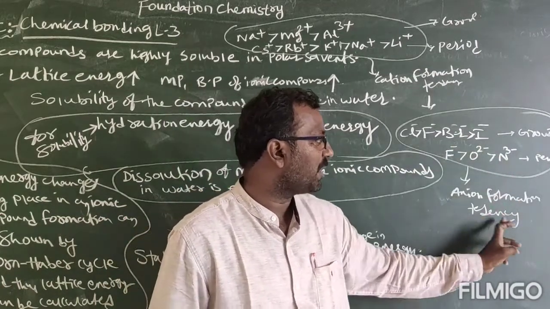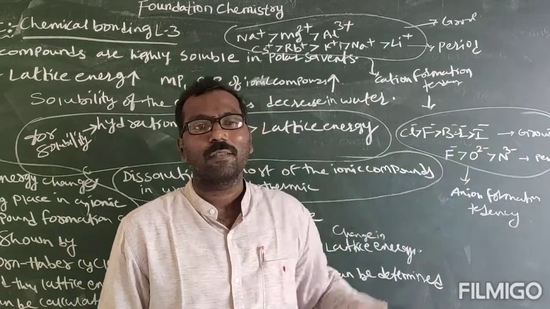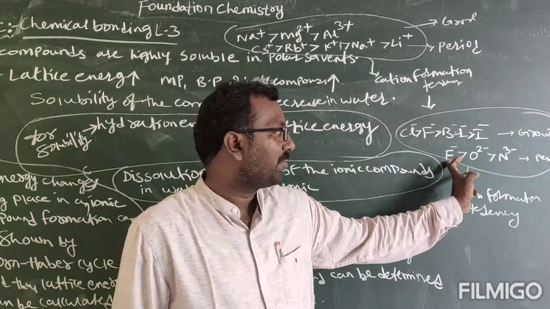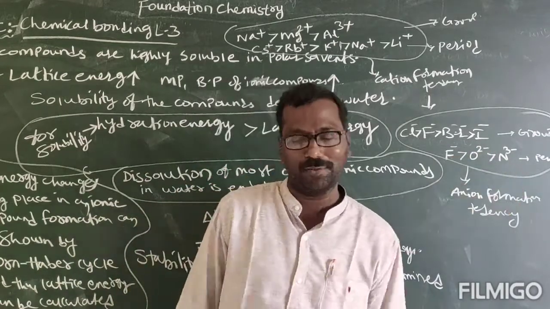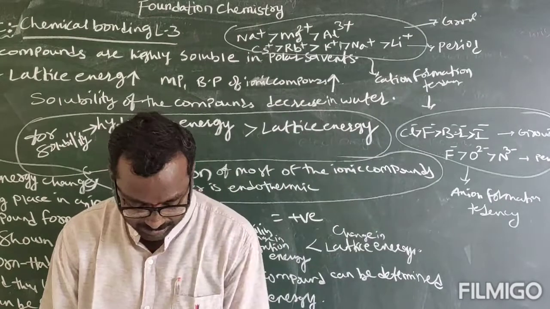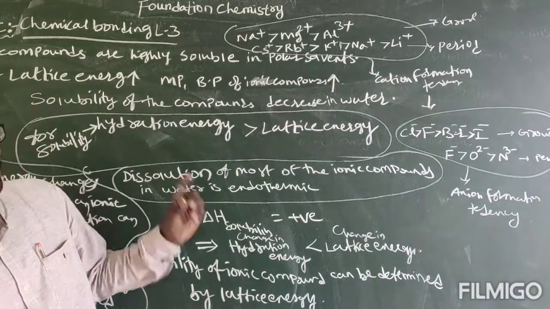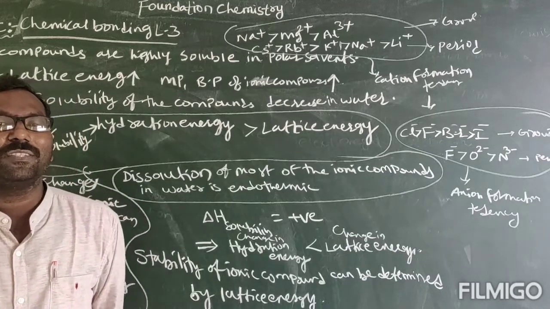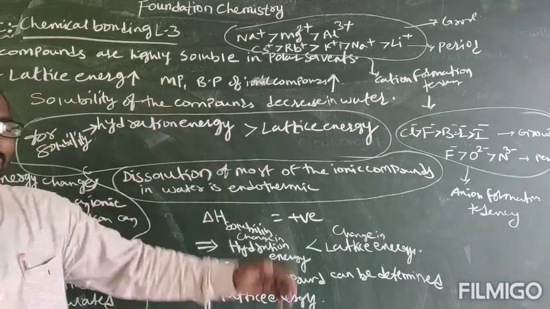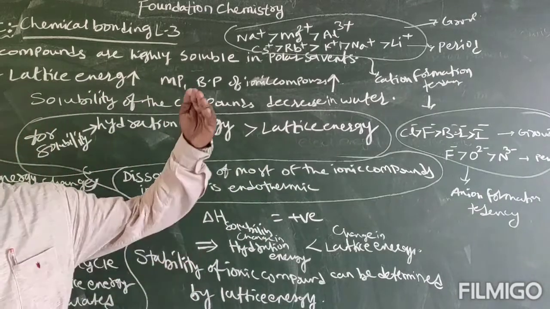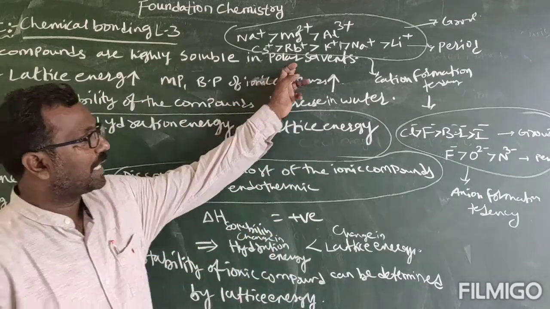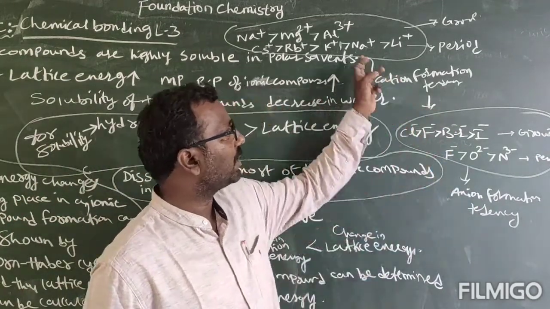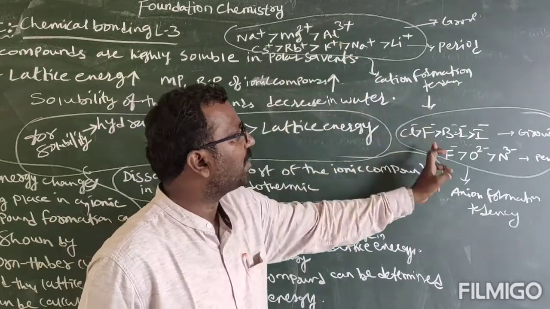Whereas in the period, F minus, O2 minus and N3 minus. So these are the things regarding ionic bonding. First we had a discussion regarding factors favoring the ionic bond: cation formation favoring and anion formation favoring. This is the order. From this area we can expect the bits.